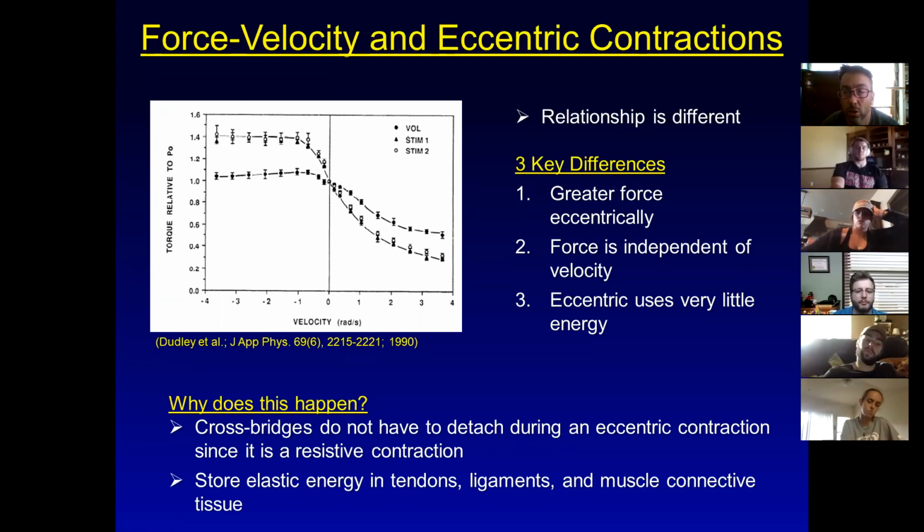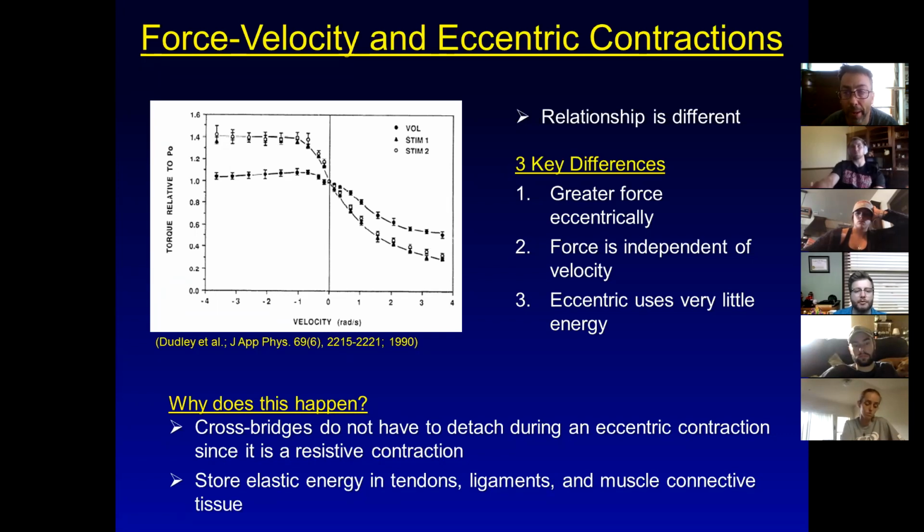Going eccentrically, there's no real decline in force from increases in velocity. If anything, when you go from isometric to very slow eccentrics, to moderate, to faster, we actually get a little bit of an increase in force. So the force-velocity relationship is very much dependent upon the type of contraction that is being performed.